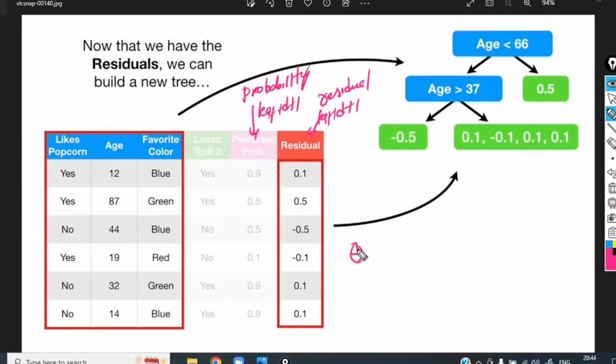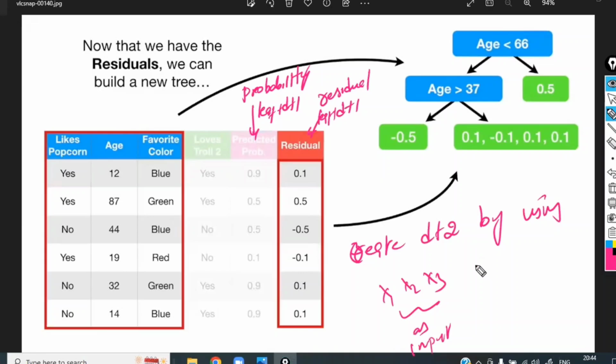Now, the next step is to create decision tree 2 by using x1, x2, x3 as input and the residual of decision tree 1 as output. By considering this one as the input and this one as the output, you are going to create decision tree 2.